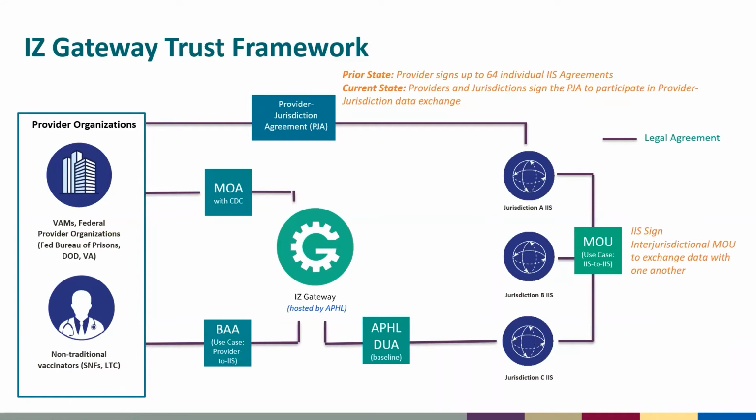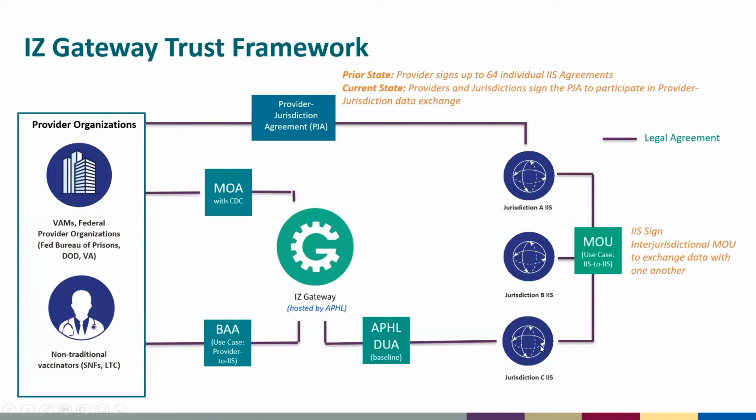That's the agreement that the IISs on the right enter into with the American Public Health Laboratories in order to be able to have their data shared through IZ Gateway. Further to the right, the MOU, the Memorandum of Understanding, those are the agreements, the interjurisdictional MOU for those IISs to be able to exchange data with each other or one another.